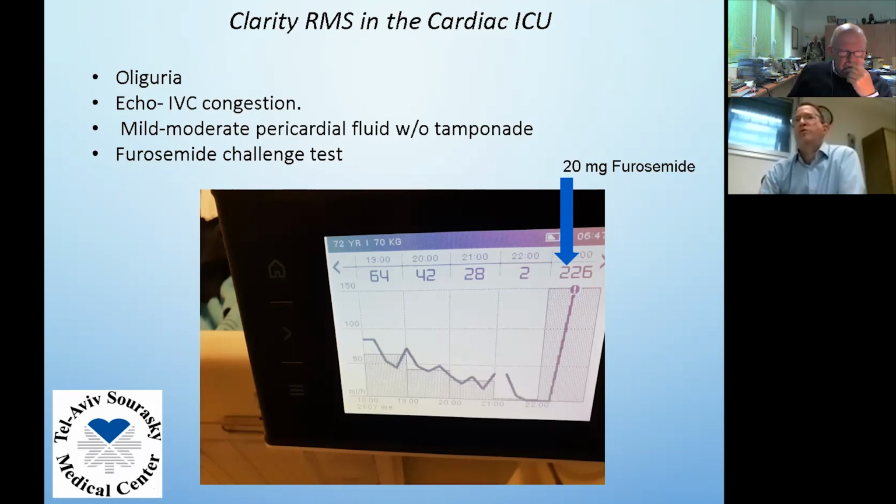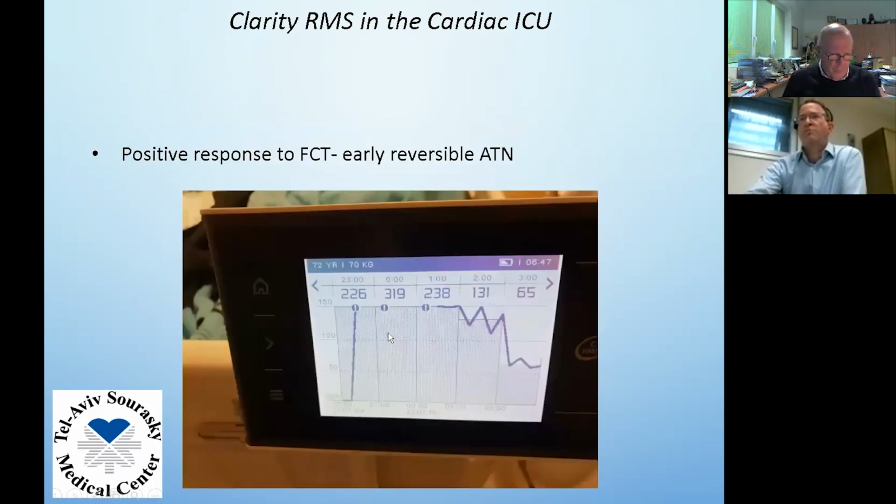Echocardiography demonstrated congested IVC with only mild to moderate pericardial fluid without signs of tamponade. In this patient, we performed a modified furosemide challenge test, and following the application of 20 milligrams of furosemide, we observed a marked increase in urine output, which was maintained for a few hours later. So this was a positive response to the furosemide challenge test, demonstrating probably an early and reversible ADN.